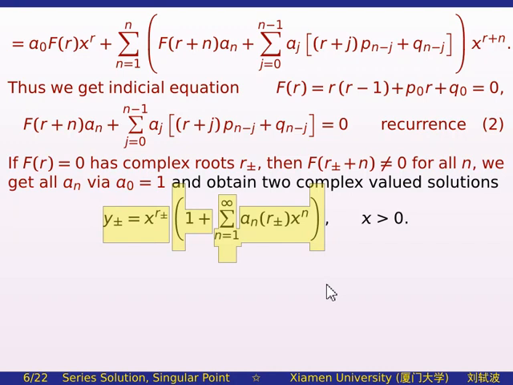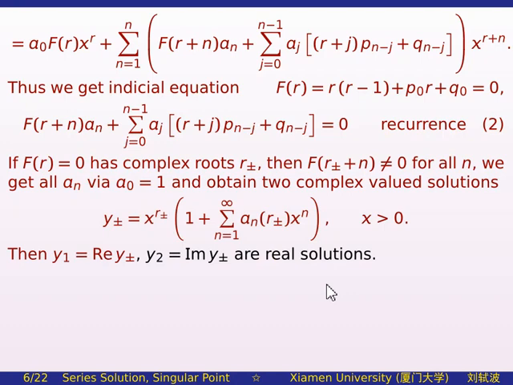By the basic property of linear ordinary differential equations with real coefficients, if we have a complex solution, the real part and the imaginary part of the complex solution are real solutions. So from these two complex valued solutions, y plus and y minus, we can obtain the real part and the imaginary part. These y1 and y2 are real solutions of our equation, and it can be checked that these two solutions are linearly independent. Therefore, they form a fundamental set of solutions.